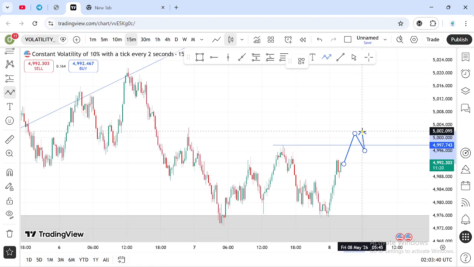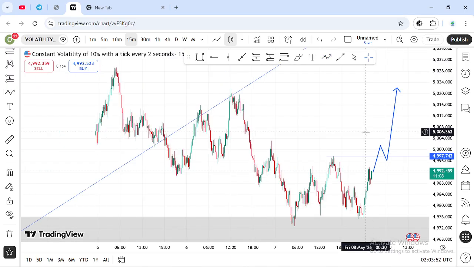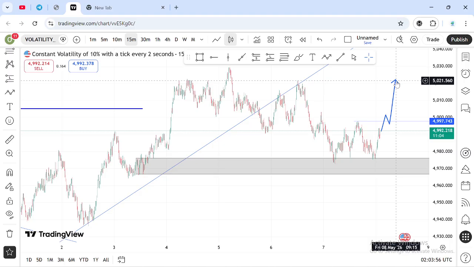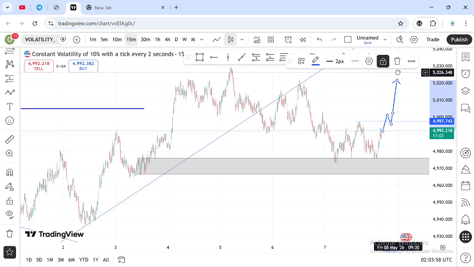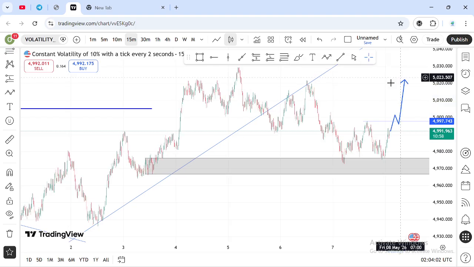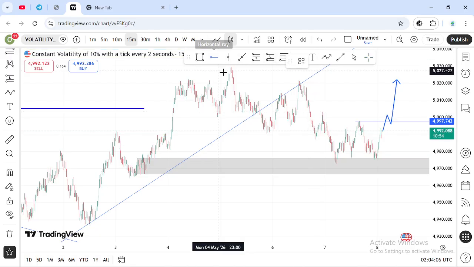When it breaks it, it will tag my buy limit and put my stop loss automatically here, and then we take it to this top side. At least here will be our TP. It's supposed to even be more than that. The TP is going to be at the highest point here.